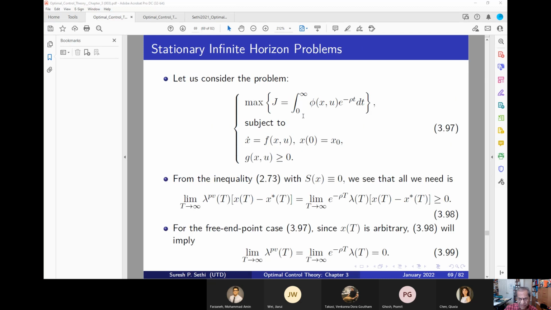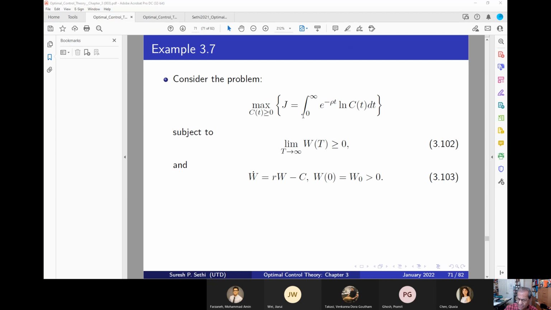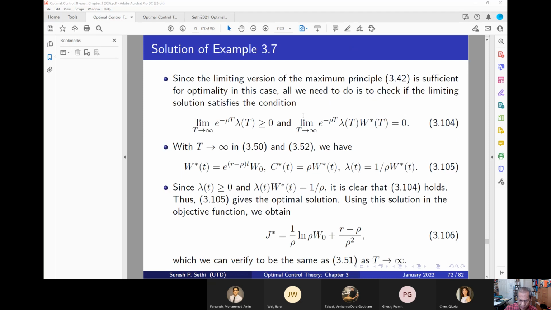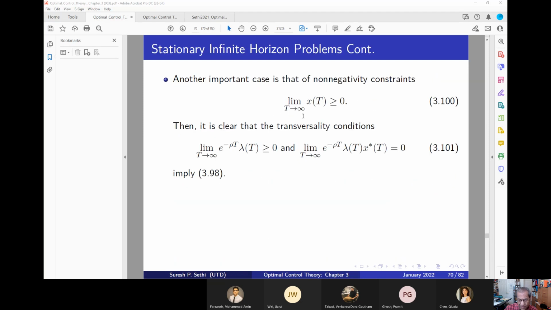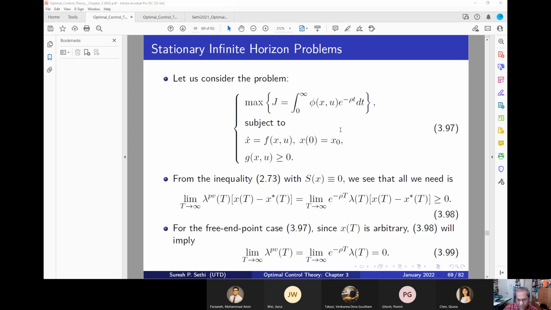I do want to say one thing, which I do not know if I said it here or not, but it is said in the book for sure. And there's even an example somewhere. These conditions, if you look at them, are coming out of sufficiency conditions.